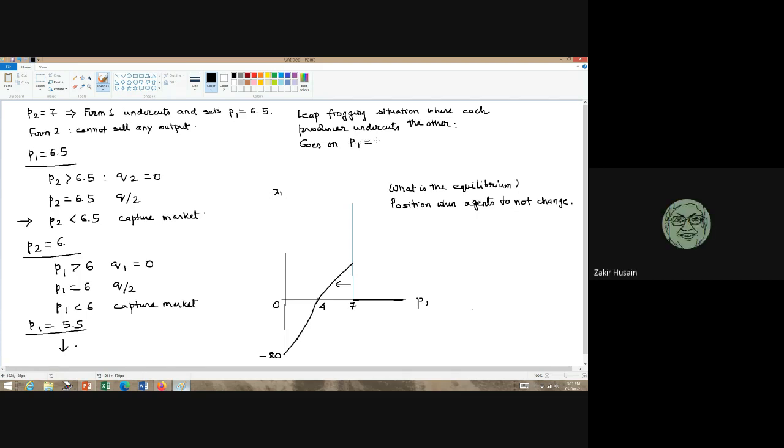Till P1 is equal to P2 is equal to 4, and the market is shared equally.